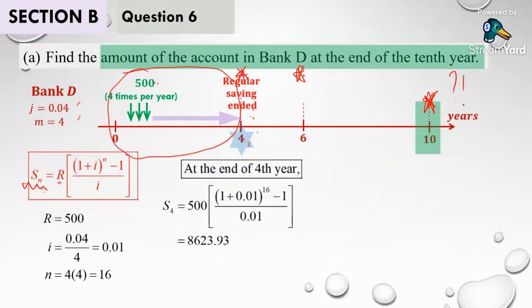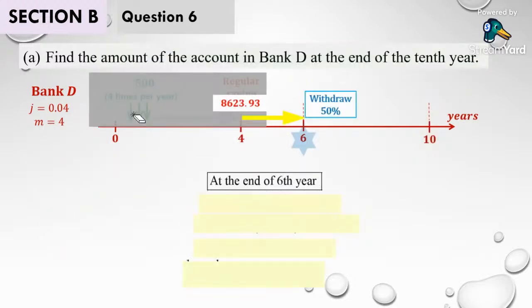And this amount here, if you realize, I don't put any RM sign there for the unit because it's not yet the final answer. So it's okay not to put RM. Then this is the answer that we get for the end of the 4th year. So we close the case for the area that I covered in gray here. So we know at the end of 4 years, I have 8623.93.